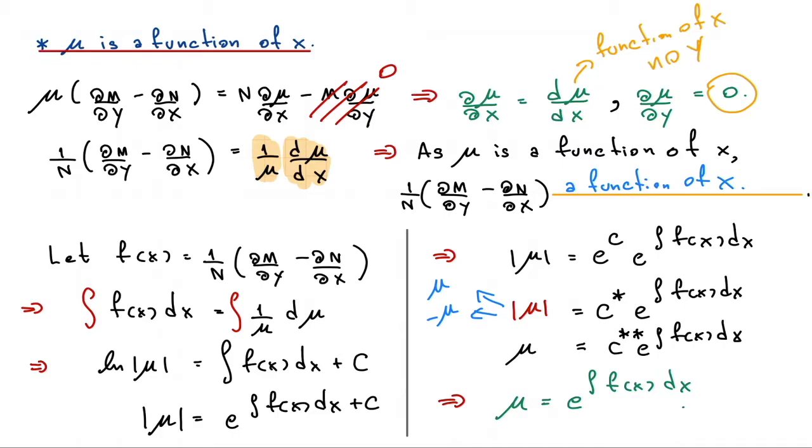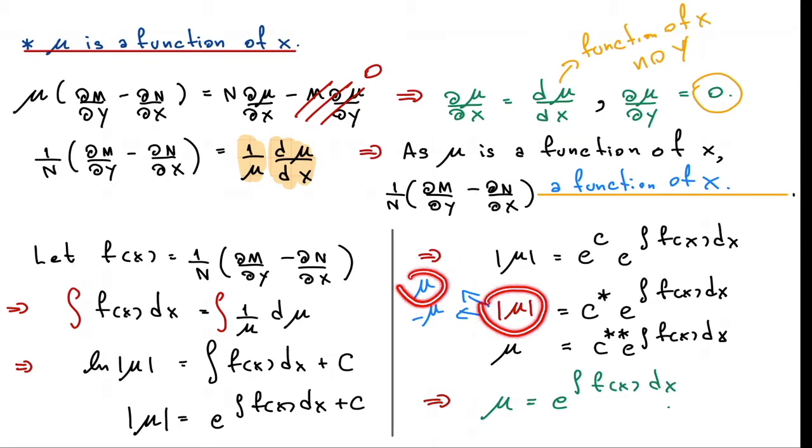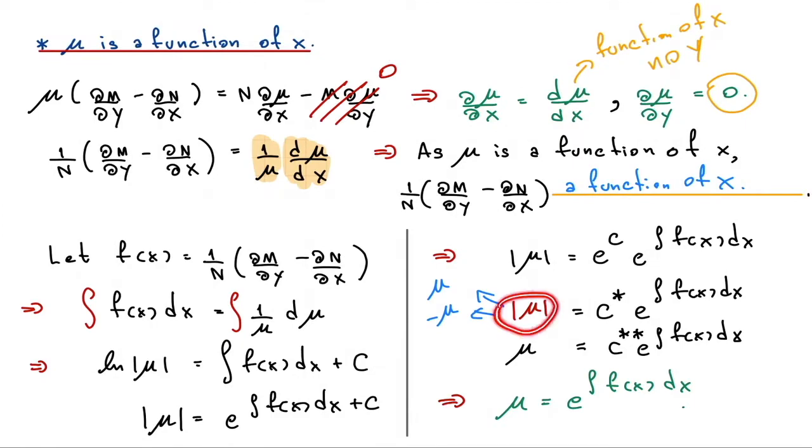But as I told you guys, it doesn't really matter. If absolute mu is mu, it's still a constant here. C star and c are the same thing. But if absolute mu is minus mu, c double star here is just minus of c star. But again, guys, it's just a constant, so we really don't care.